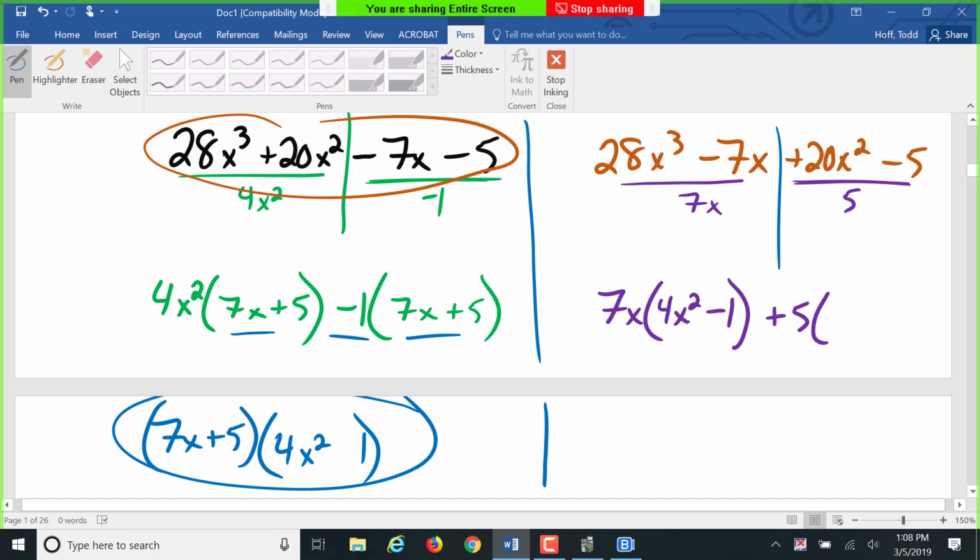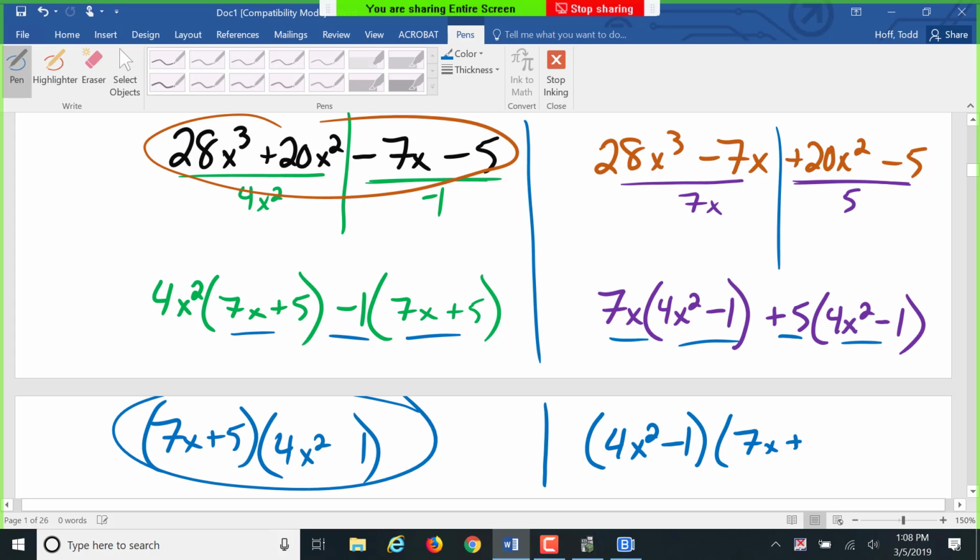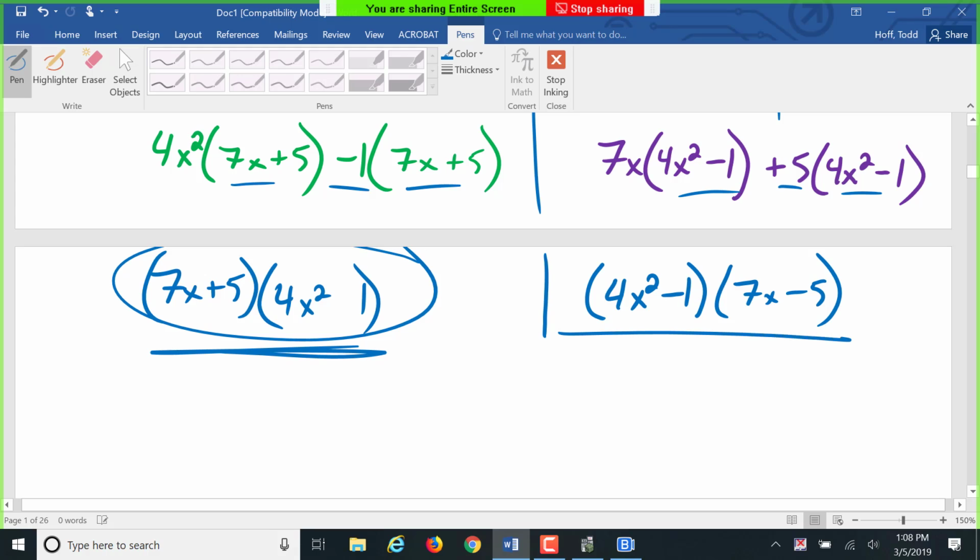And when I divide by 5, what's left? 20x squared divided by 5 is 4x squared minus 1. Perfect. And now we notice we have the same thing inside here, so we can factor that out. We got 4x squared minus 1, and what's left is the 7x plus 5. Notice it's the same factors. Not in the same order, but that doesn't matter. They're still the same factors. 3 times 5 is the same as 5 times 3.